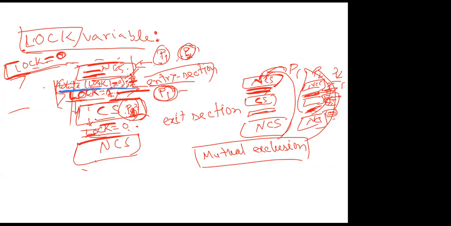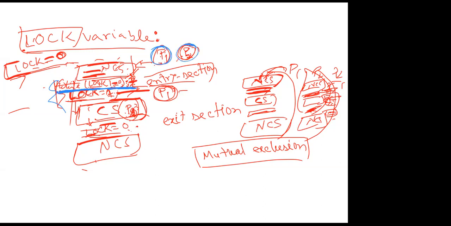P1 doesn't get enough time to change the lock value to 1. Between these two lines, after executing the while loop, P1 gets preempted by the CPU.